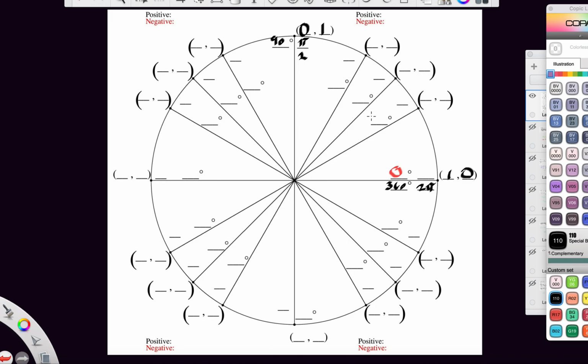This first degree here is 30. If you want to go ahead and say 30, 45, and 60. Those are they. Let's write it in radians. Pi over 6 is what you'll see. Pi over 4 for 45, and pi over 3 for 60.